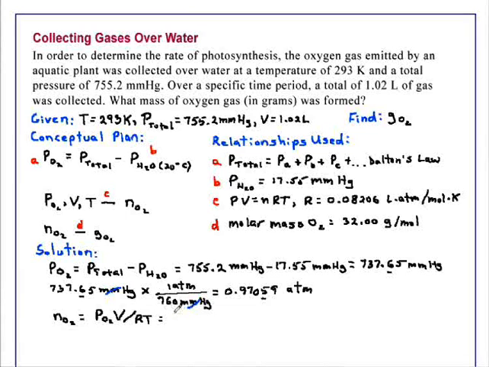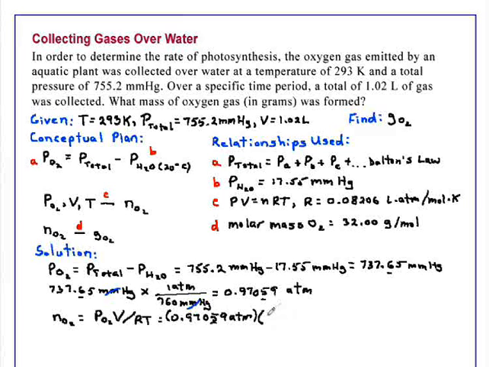So this equals 0.97059 atmosphere times our volume of 1.02 liter divided by the gas law constant R, 0.08206 liter atmosphere per mole K times our temperature of 293 K.